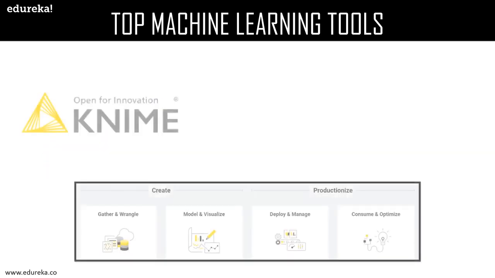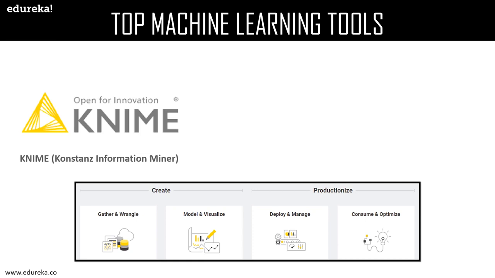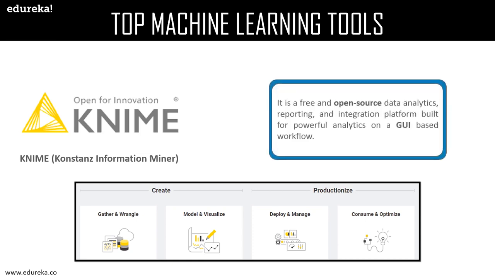Next I'm going to talk about is KNIME, which is Konstanz Information Miner. It is a free and open source data analytics, reporting, and integration platform which is built for powerful analytics on a GUI-based workflow. This means you do not have to know how to code to be able to work using KNIME and derive the insights.